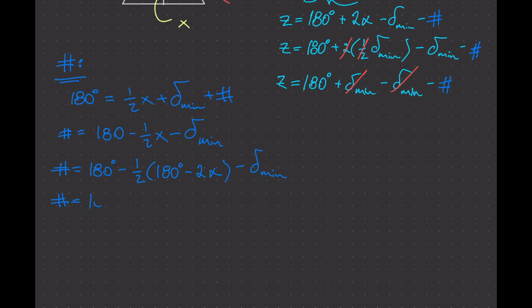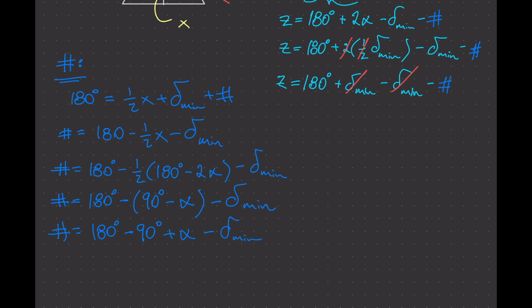We're going to rewrite this 180 degrees. Then we can distribute this 1 half. So 180 times 1 half should be 90. And then that minus 2 cancels to give us just minus alpha. Outside the brackets, we have still the minus delta min. We could subtract 180 minus 90 here. And then minus alpha gives us plus alpha. Then we still carry over this minus delta min.